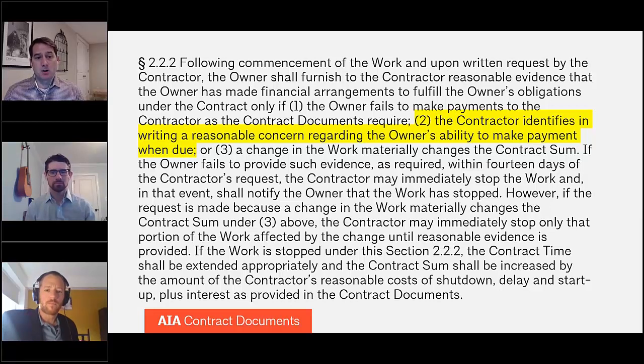But nowadays, when there's a lot of uncertainty in the economy, and you are working for an owner whose stock has taken an even harder hit than some of the other industries out there, maybe a disproportionately harder hit, or it's in an industry that isn't expected to recover, you might start to come over that threshold on that sliding scale of what's a reasonable concern versus not a reasonable concern.